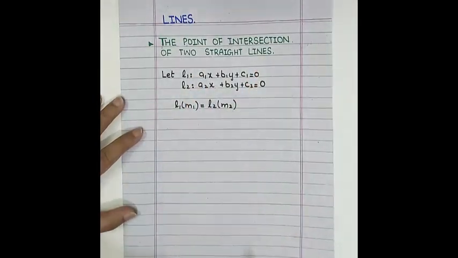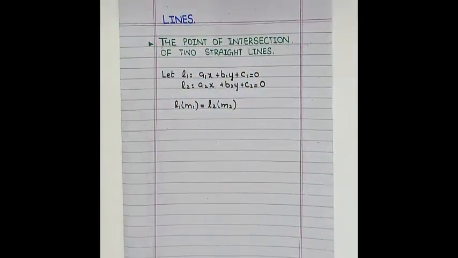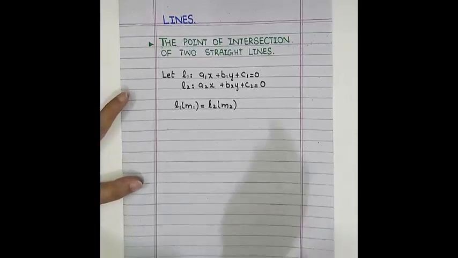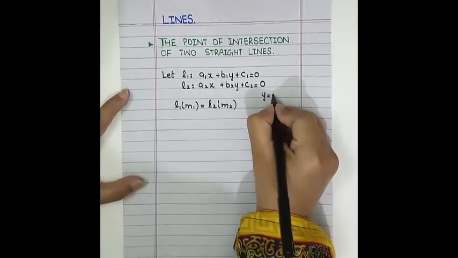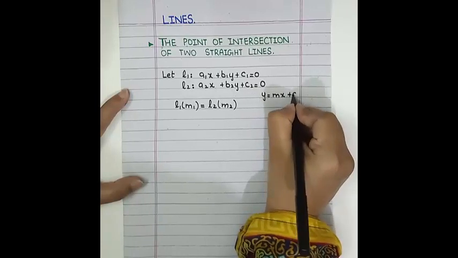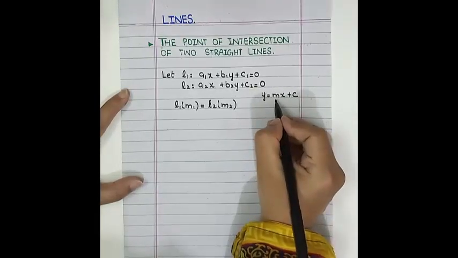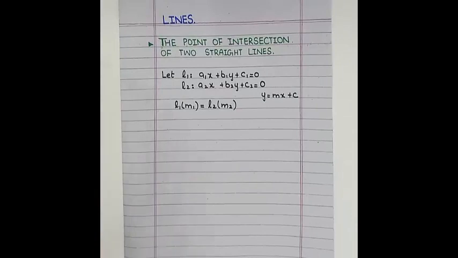And we have a standard form of equation. To convert it into slope intercept form, we have the formula y is equal to mx plus c, in which m is the slope and c is the y intercept. I have already told you how to convert a standard form into a slope intercept form. I have dropped the link in the description box. You can check how to convert it.